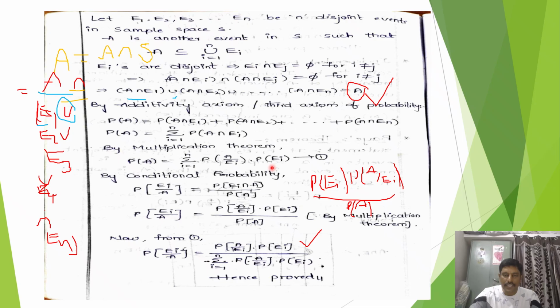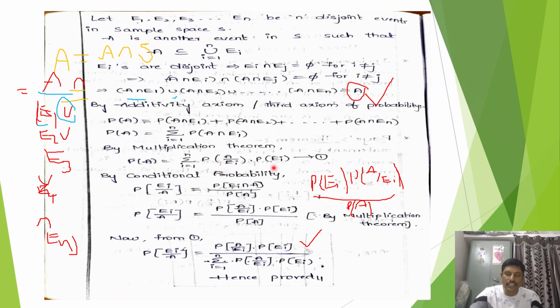So that we are writing P of Ei into P of A given Ei. When we write P of Ei, according to the conditional probability, Ei must be in the denominator. Why are we writing like this? We only know the Ei probability. Already E1, E2, E3 are given sets. So those are given sets. Therefore, P of Ei into P of A given Ei.